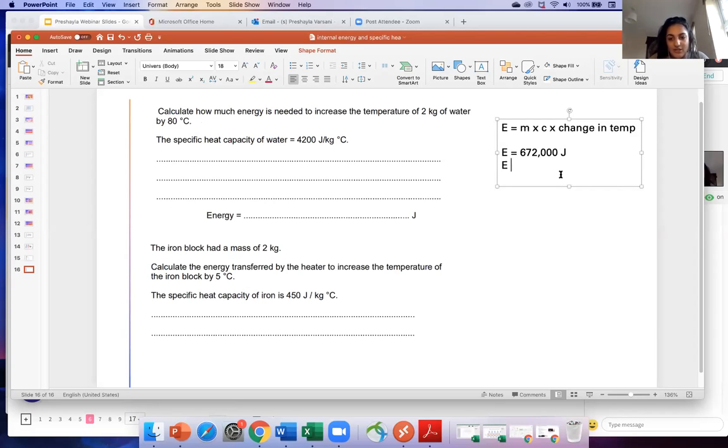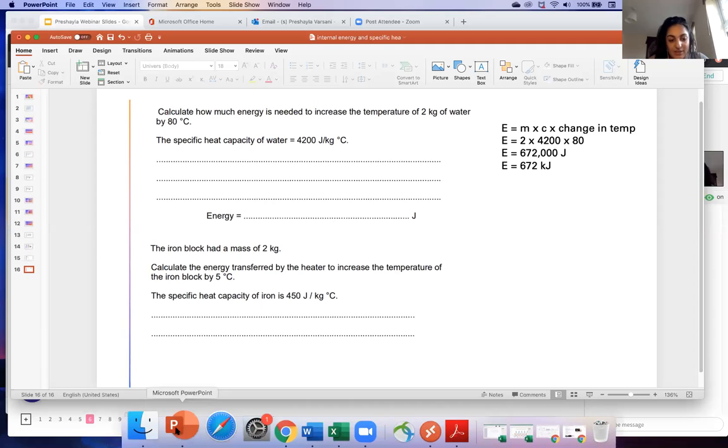Okay, so energy equals 672 kilojoules if you wrote it like that. So all we're doing is E equals mass, 2, times c, 4,200, times 80. And do have a go at this other question by yourselves at home.